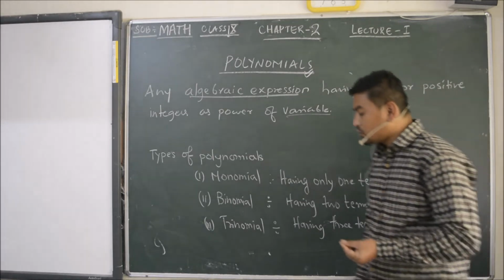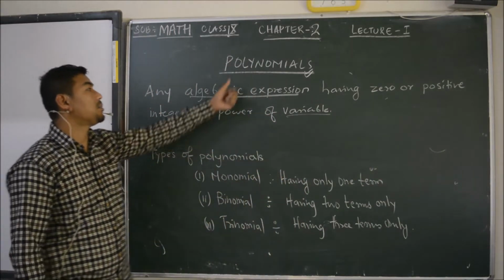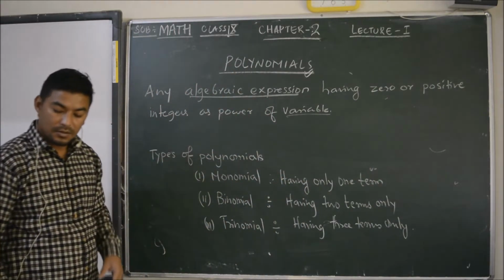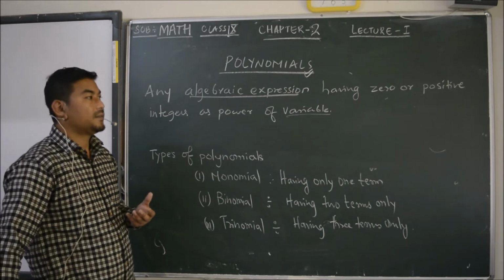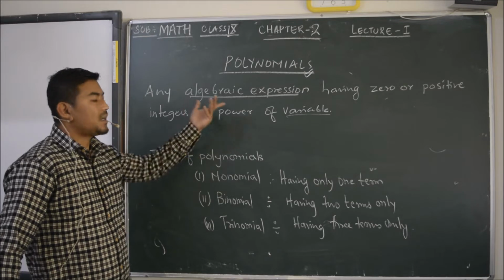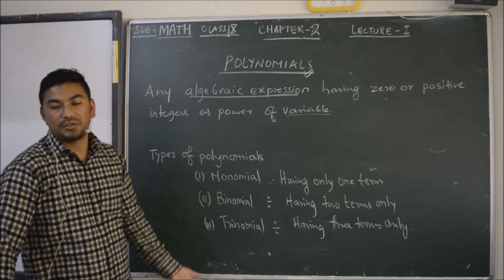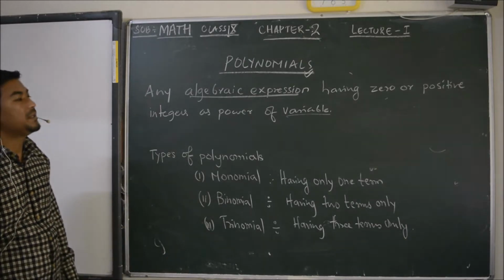Under this situation, the given algebraic expression is called a polynomial. I think you have understood that a polynomial is an algebraic expression in which the power of the variable is 0 or a positive integer.